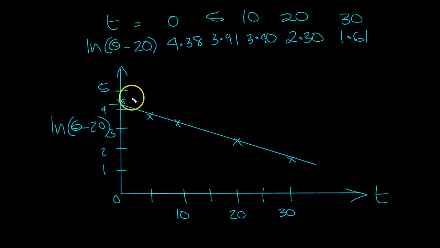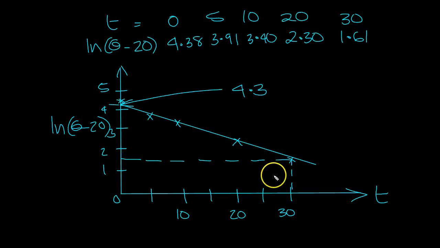So the intercept here is just about here, which I'm going to say is 4.3. The gradient, well, if we go along, say, to here, to 30, we've come along this much, haven't we? Let's just draw it straight across as best we can. So how much have we come down? We've come down from 4.3 to 1.6, say, which is 2.7.